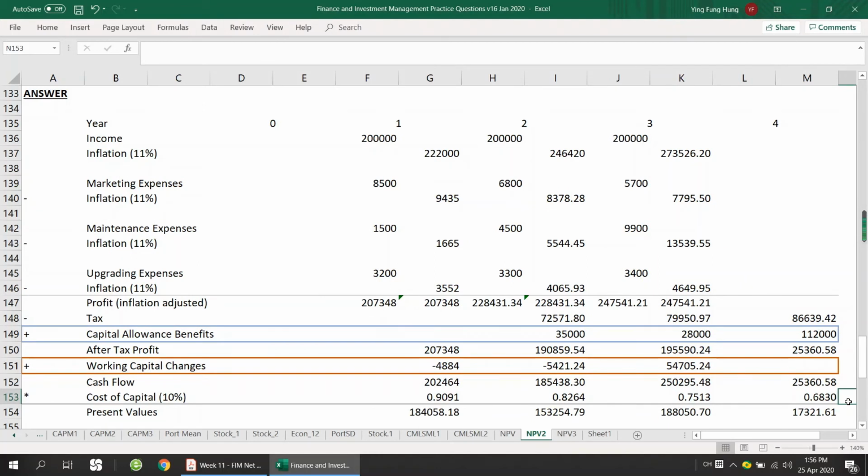After calculating all of the discount factors from the cost of capital, which is 10% in this question, the next step is to calculate the present value for each year.